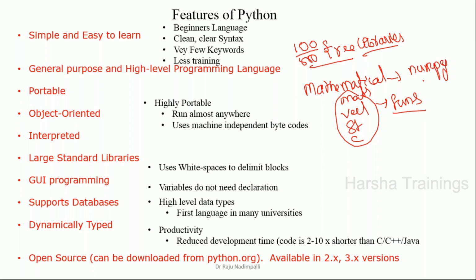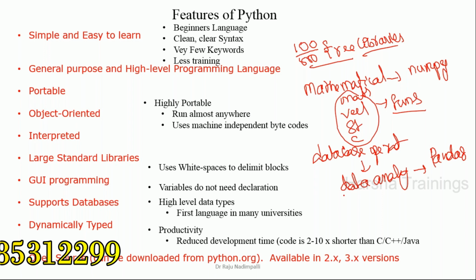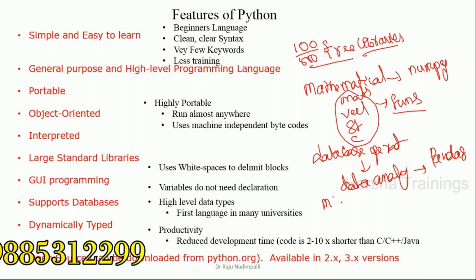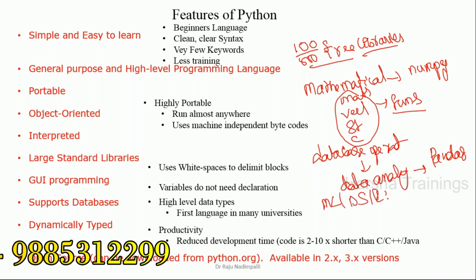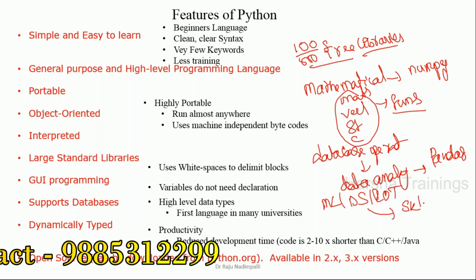Now, everyone knows about database operations. Why do we use database operations? For data analysis. For this, we have a beautiful library called pandas. Now, if I want to write machine learning, data science, or IoT kind of applications, I need a library called sklearn.